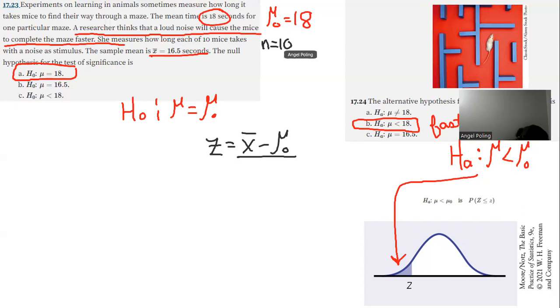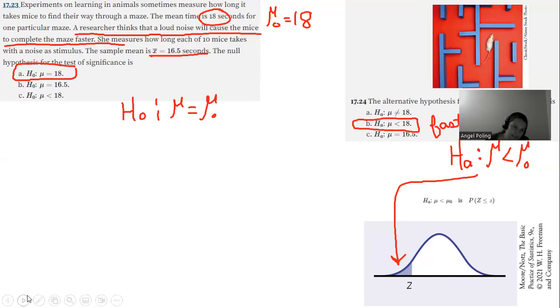Okay, so we definitely can compute this. They didn't give us sigma. Oh well, it was a fun idea. Okay, so they didn't give us sigma, so we actually can't compute the z-score or the p-value right now. But this is at least the wording for an example with a less than in our alternative hypothesis.